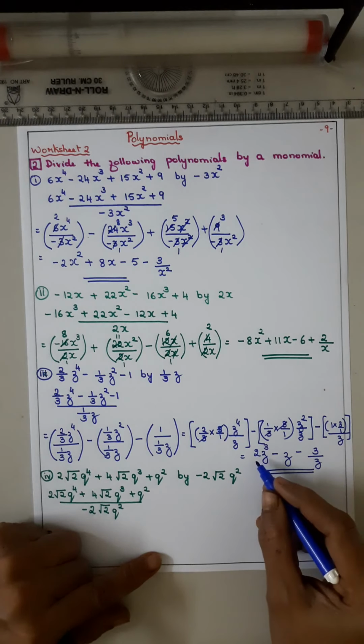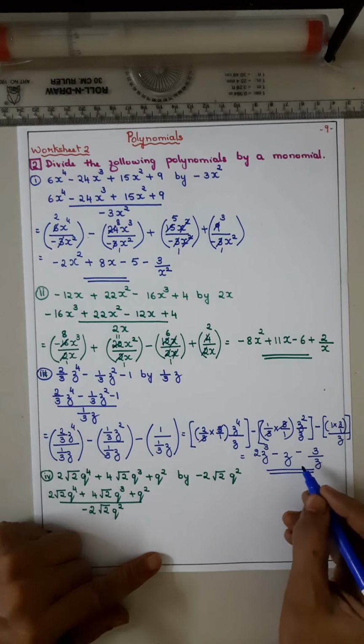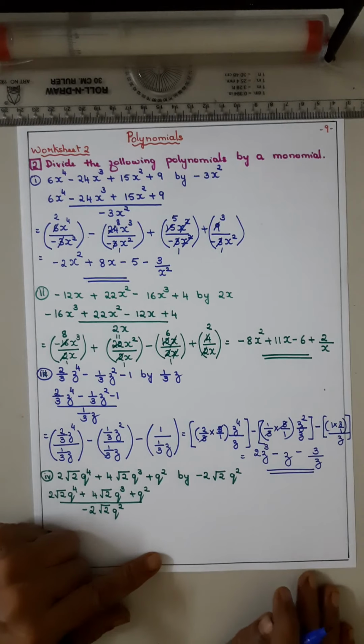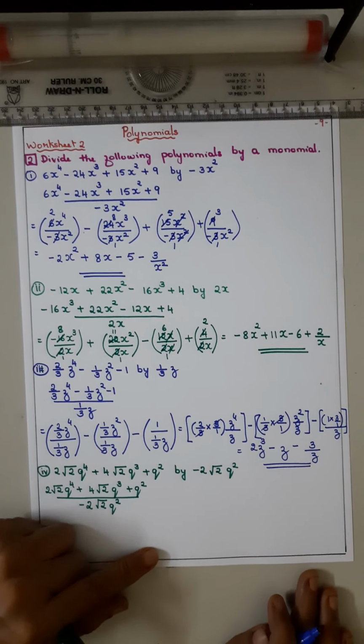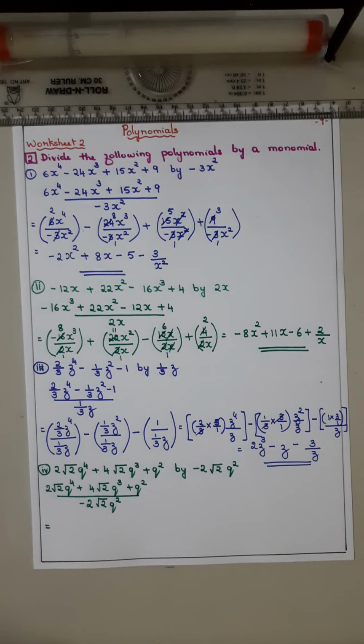So you got 2z cube minus z minus 3 by z. Understood? In fractional sums, you have to take a little bit of care. So multiply the reciprocal. Okay, now coming to the fourth sum.